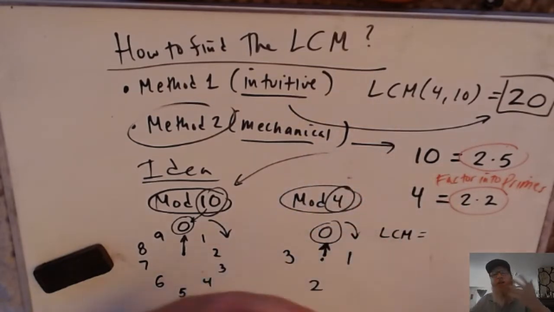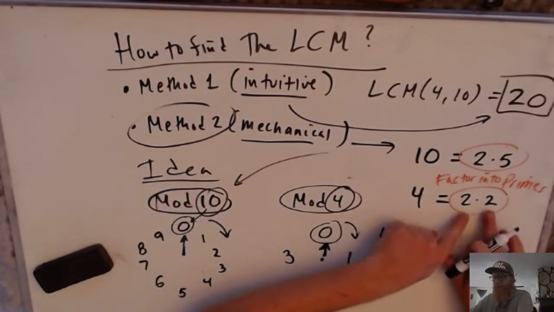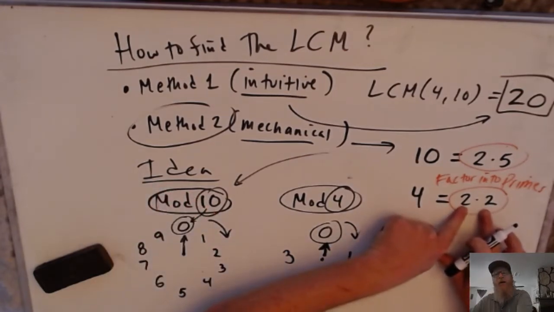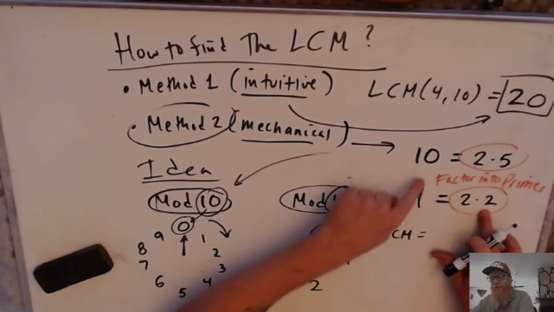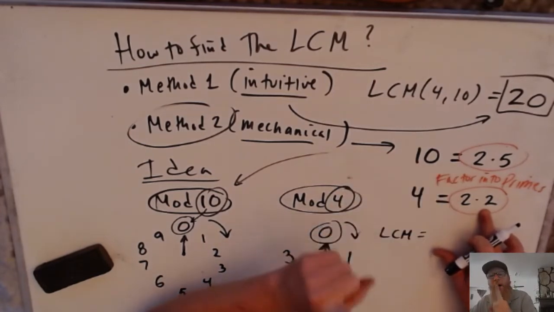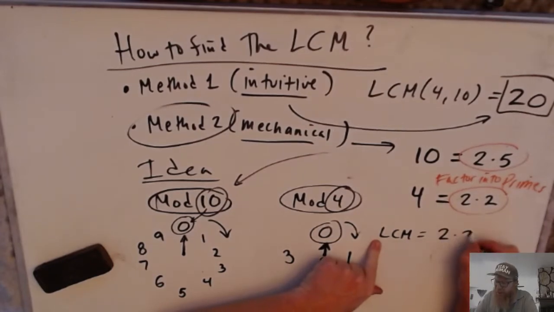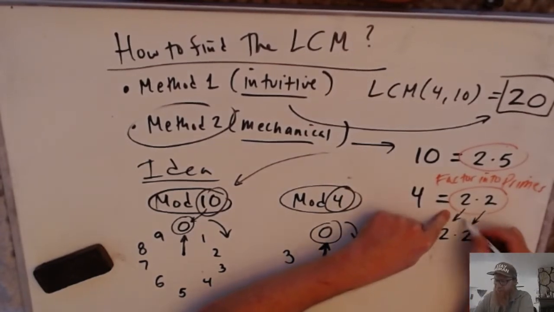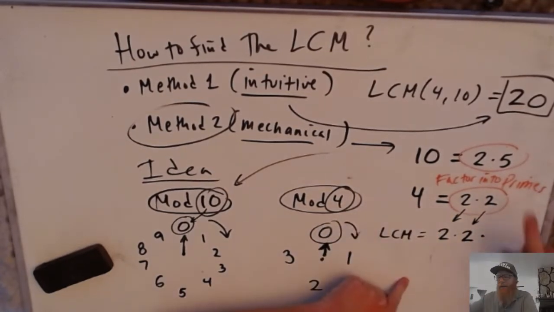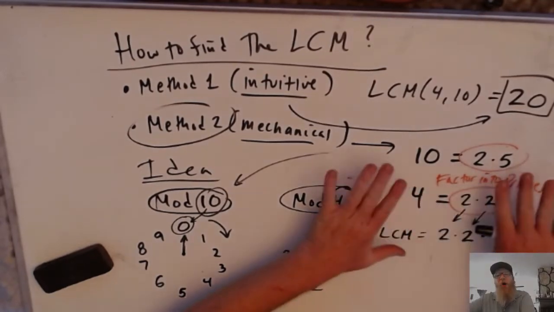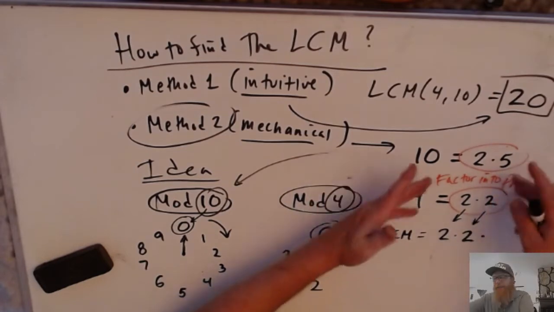It's the least common. So number 4 has 2 2s. The number 10 has 1 2. And so the least common is 2 2s. Now, you have to include all of the prime factors that are in the given numbers.